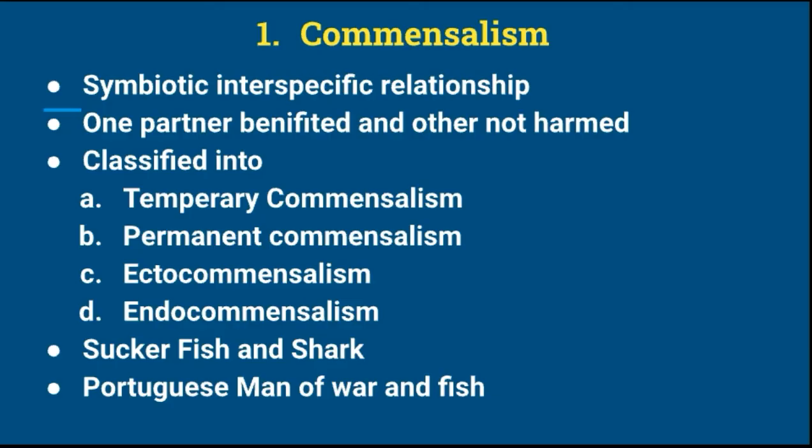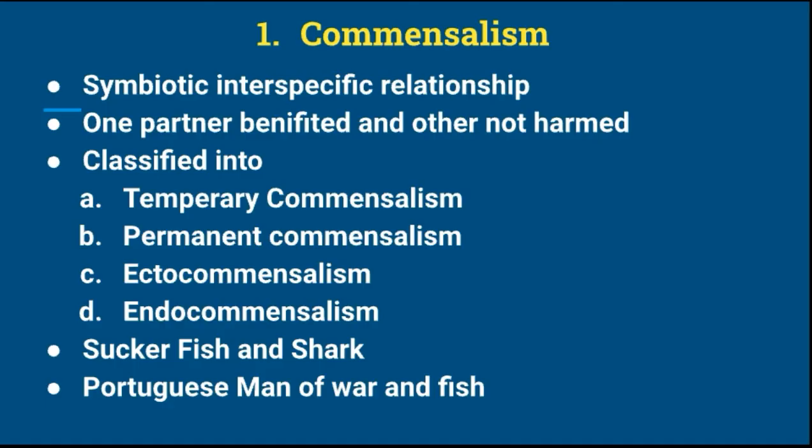Commensalism is classified into four groups. First is temporary commensalism, second is permanent commensalism, third is ecto-commensalism, and fourth is endo-commensalism. Let us see one by one. What is meant by temporary commensalism? Here the association is temporary.